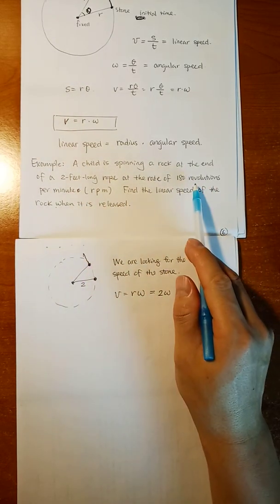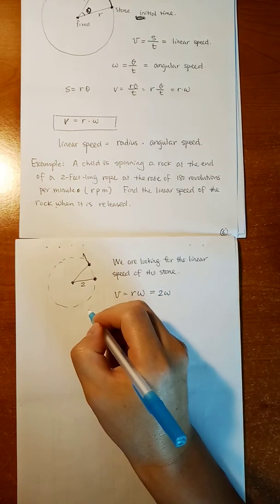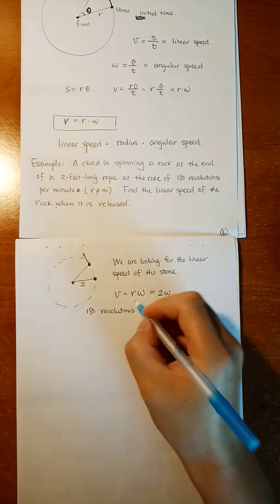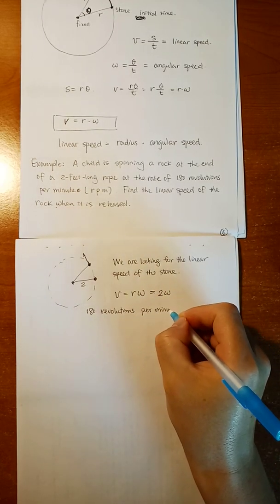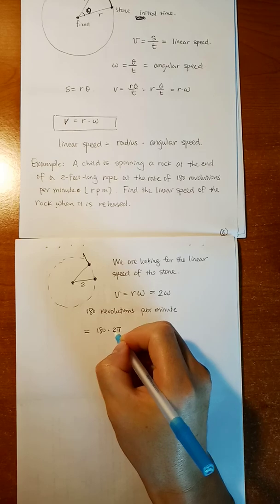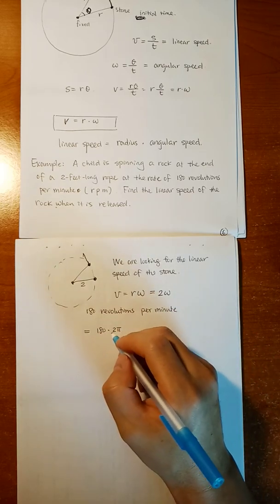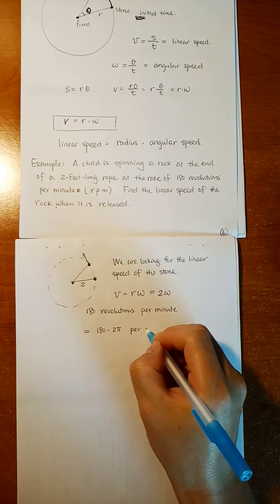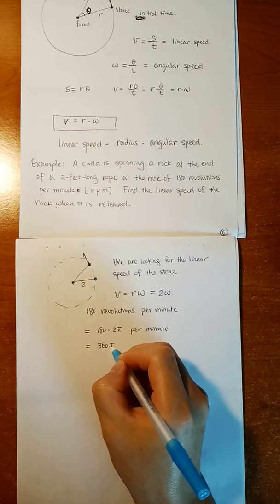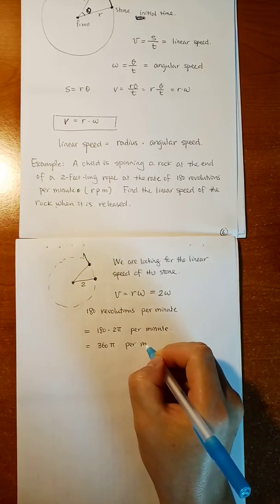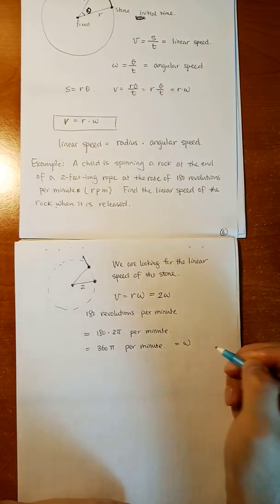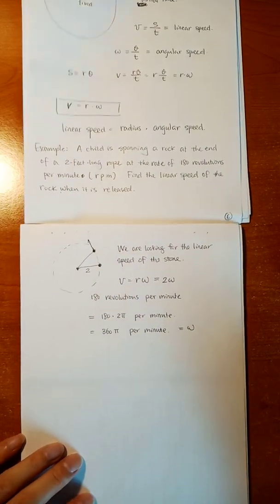One revolution is 2 pi radians. So 180 revolutions per minute is equal to 180 times 2 pi per minute, which is 360 pi radians per minute. So this is omega. You already have per minute, so this is a speed.